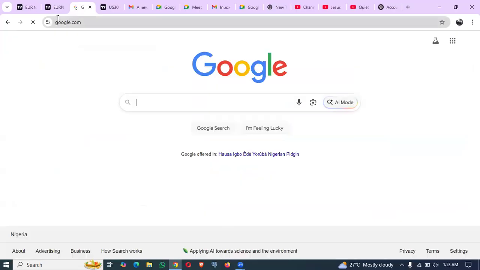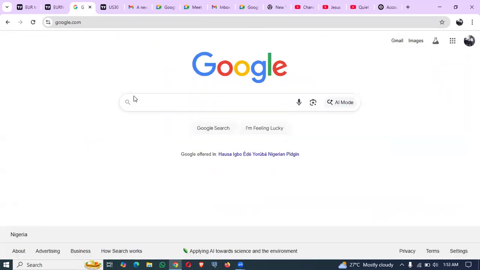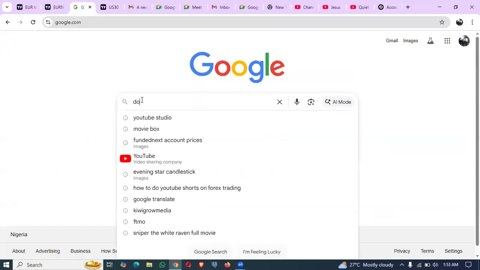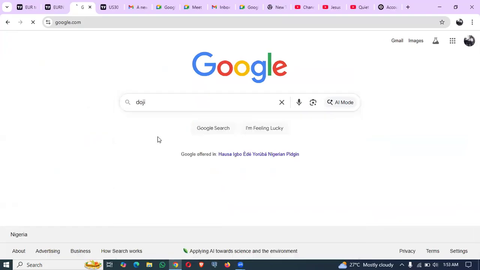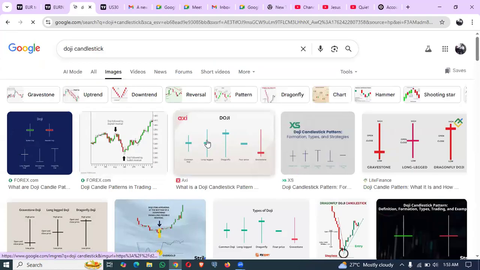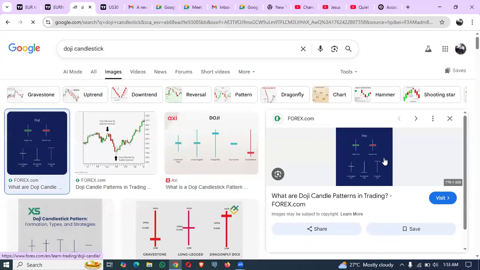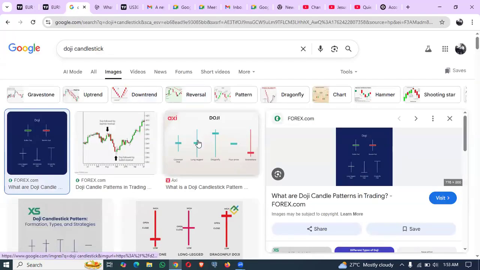So the first one there was the Doji candlestick. This is the Doji. The Doji has a very tiny body, with plenty wick above and below.